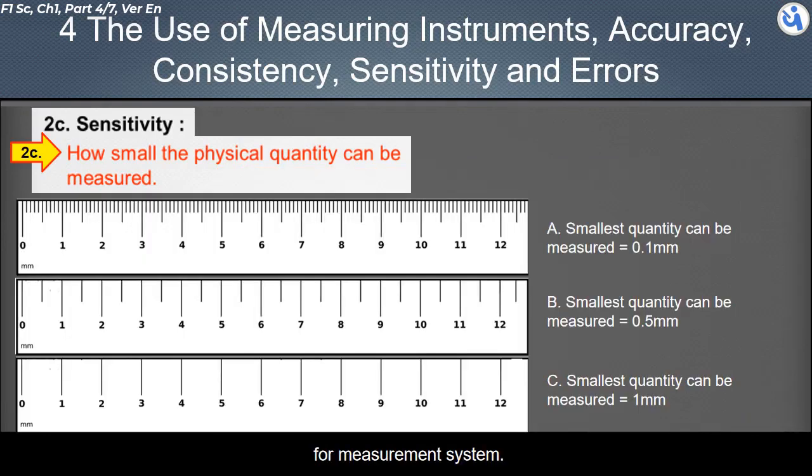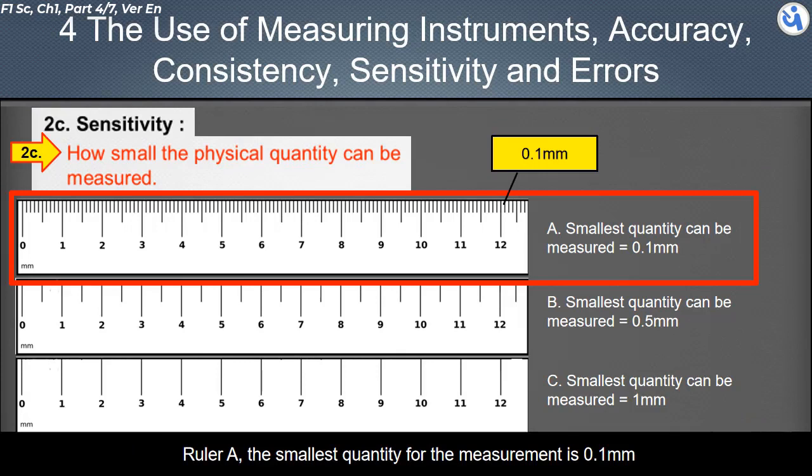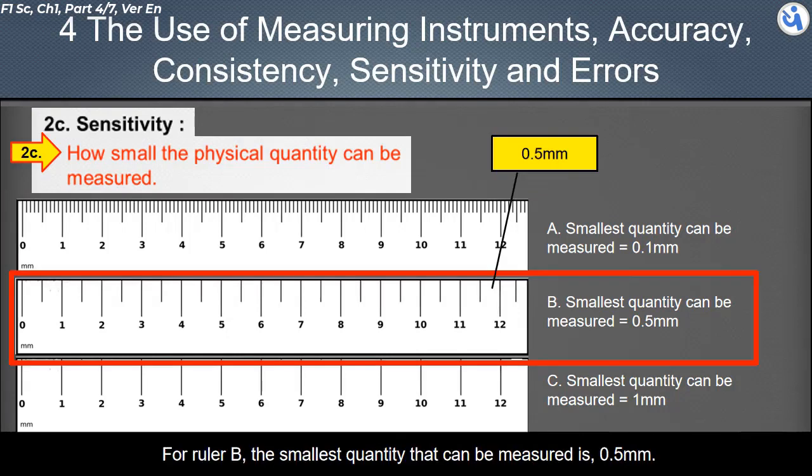For a measurement system, for ruler A, the smallest quantity for the measurement is 0.1 mm. Hence, the sensitivity of ruler A is 0.1 mm. For ruler B, the smallest quantity is 0.5 mm. Hence, its sensitivity is 0.5 mm.